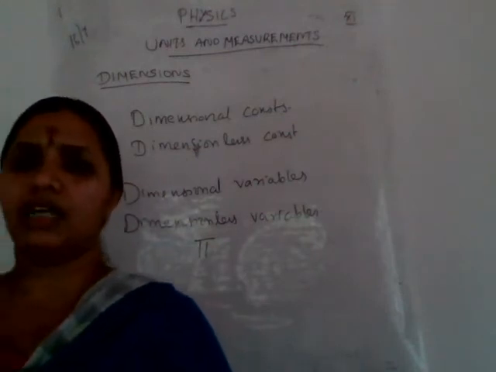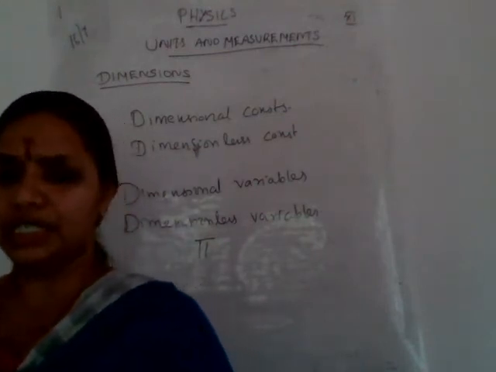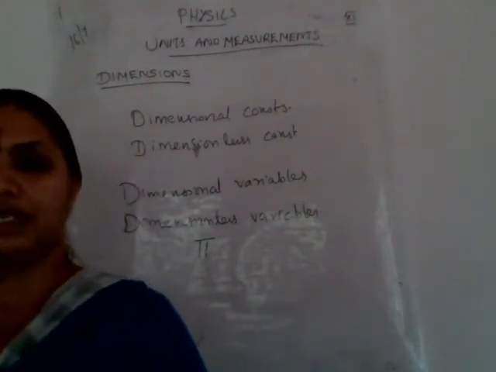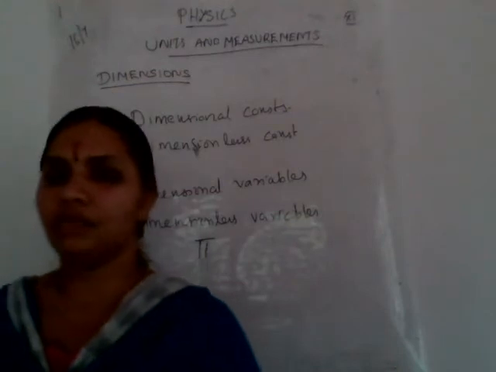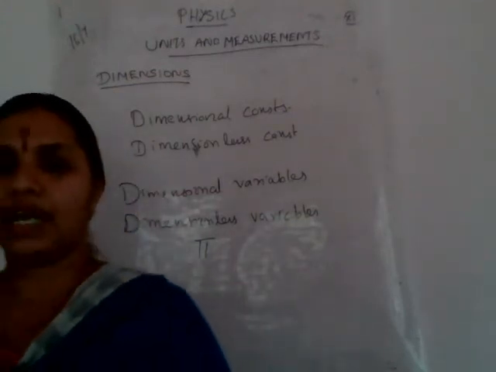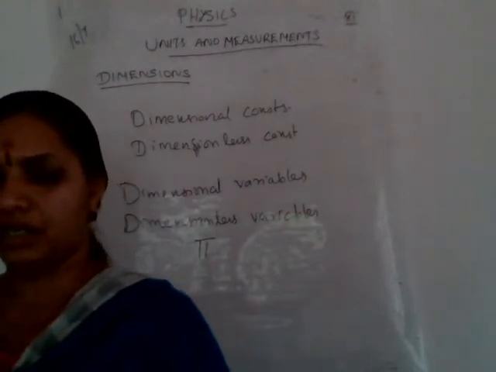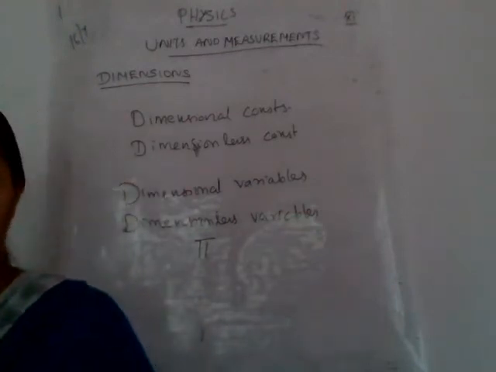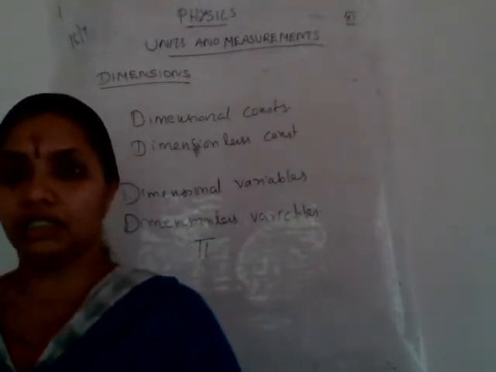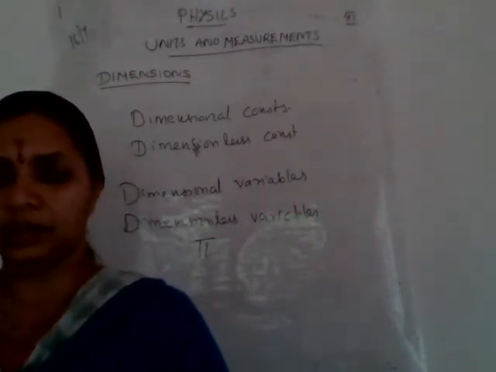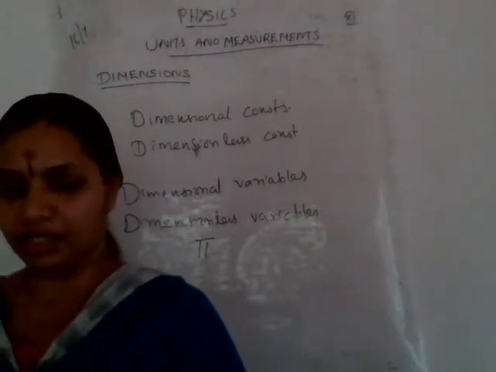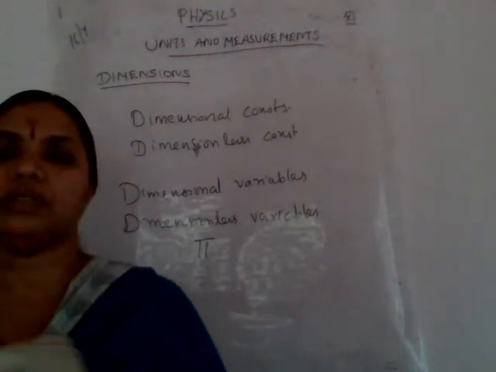Example: area, volume, force, density, time, many other. Dimensionless variable, physical quantities which have no dimension but have variable values. Angle, specific gravity, strain, etc. are examples. Okay, so study this.